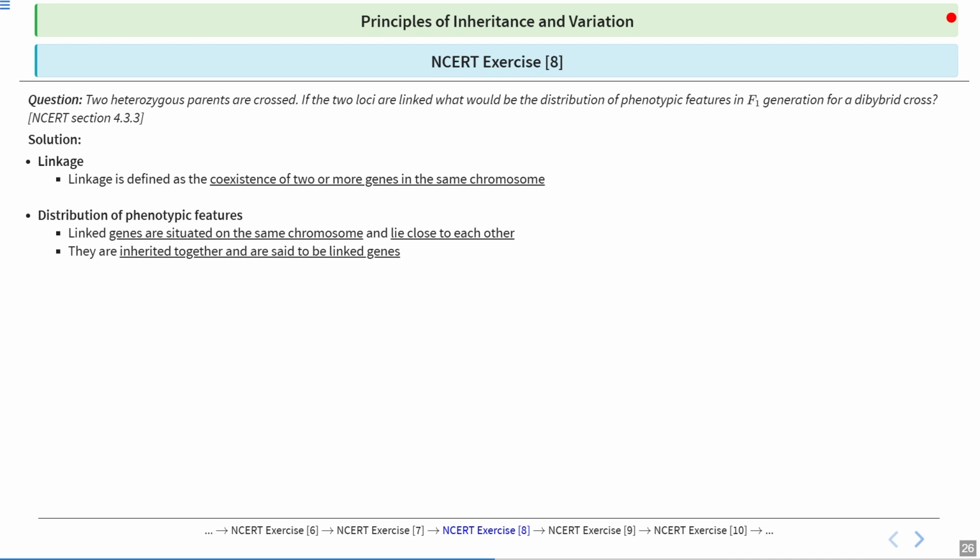As the distance between the two genes is very less, the recombination between the two genes will be less. By recombination, new combinations are produced. Here there is very little recombination because of linkage of the genes, so parental combinations are more.